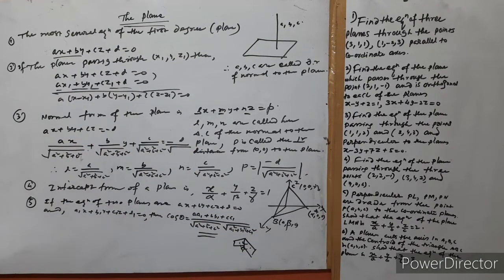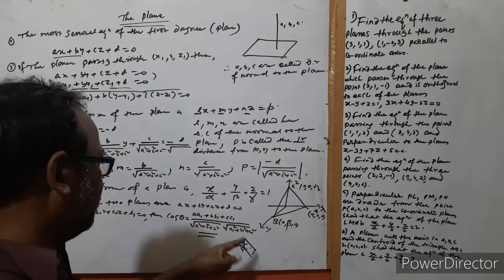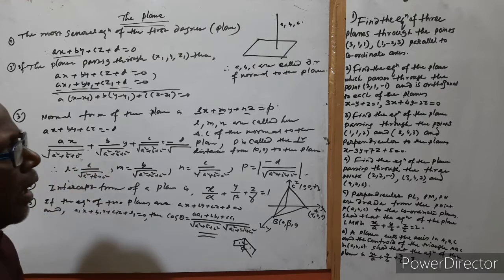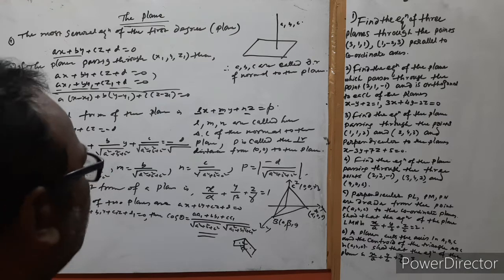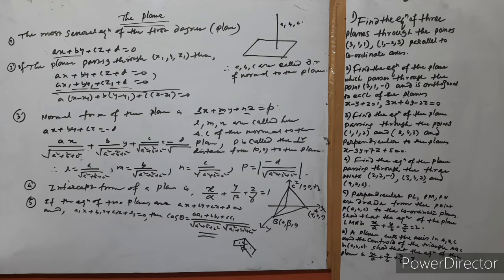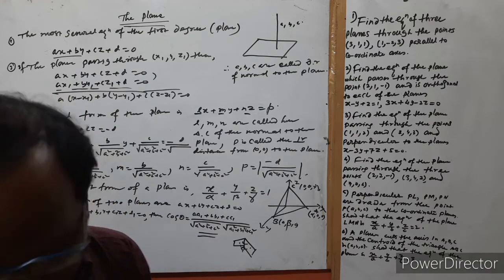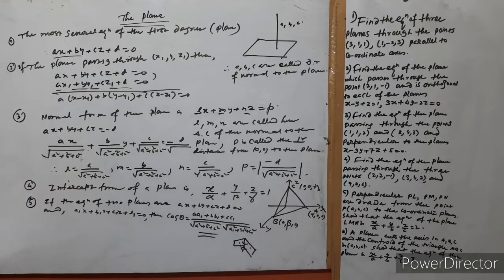So you can write easily cos theta is equal to (a a1 + b b1 + c c1) over this. Okay, this is the most general formation of the 5 points for forming a plane in 3D. So learn these points carefully. Now we want to discuss the 5 problems of the plane. See carefully.